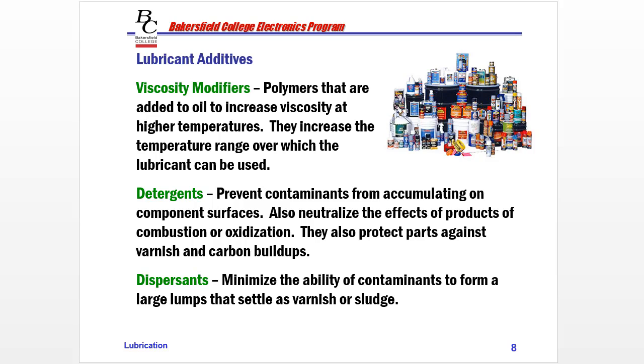So as the lubricant gets hot, the lubricant generally gets thinner. If it gets too thin to accurately or completely lubricate to keep the metal parts from touching, then we're going to have high friction and high wear. So we need to maintain that viscosity, and if we do at a high temperature, the viscosity modifiers help us do that.